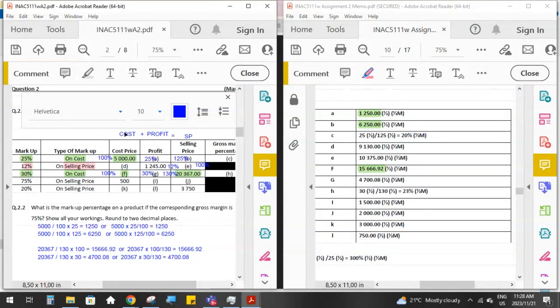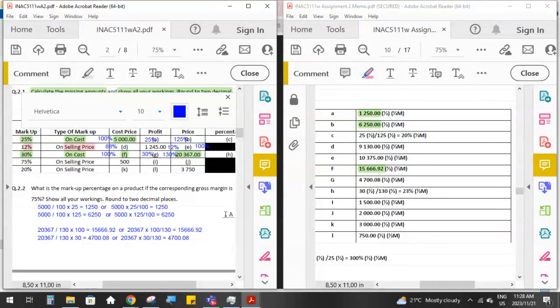To work out what X, i.e. cost, is, I take 100 minus 12, which is 88%. Is my maths right? 88. So 88 plus 12 equals 100. 88 cost plus 12 profit equals 100 selling price. You have to get those percentages written down first before you try and do any maths.